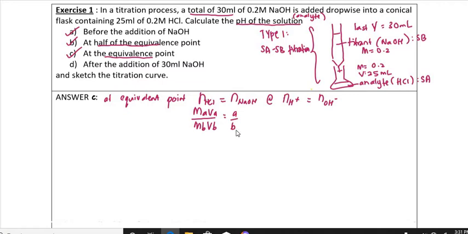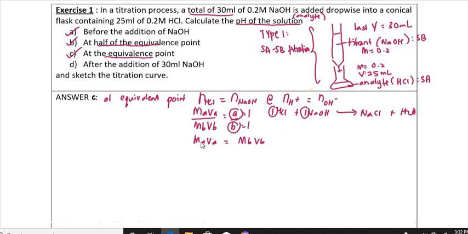The stoichio A and B here refer to the equation between reaction HCl and NaOH produce NaCl and water. The stoichio here is 1 and base also 1, so you can simplify MAVA equals to MBVB because this is 1, is also 1.